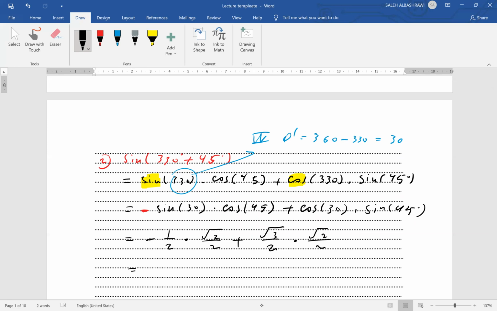So I will have minus square root of 2 divided by 4 plus square root of 6 divided by 4. So it will be minus square root of 2 plus square root of 6, all divided by 4. So this is the exact value of sine of 330 plus 45.